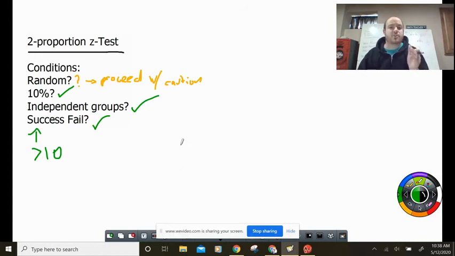So let's go ahead and start writing out the information that they gave us. In this case, we're given essentially four different things to look at. We are given two samples, and we are given the number of successes and the total number in each of those samples. So we're going to write that out.